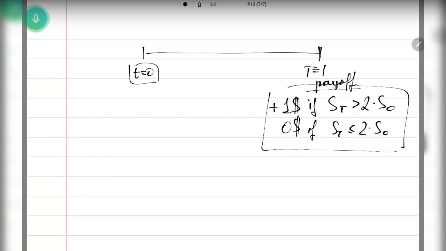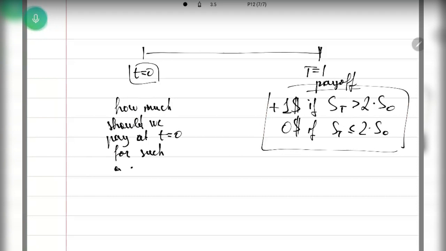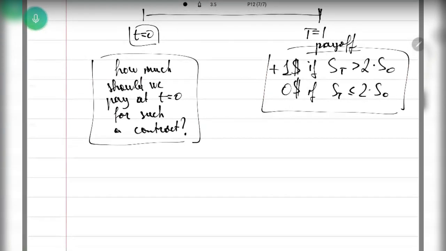And the question is how much should we pay at T equal to 0 for such a contract? Okay, and Girsanov theorem gives me the power.